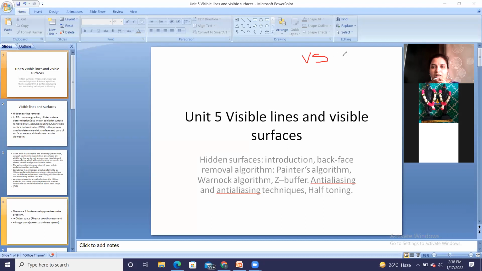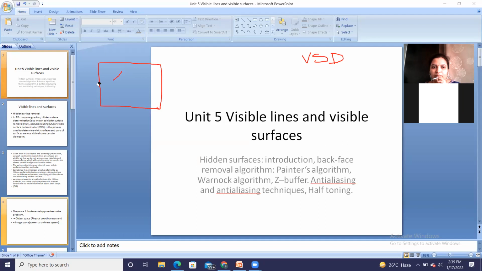Visible surface detection. Okay. The meaning is, if on the screen, this is your screen, and I want to display some objects on it. For example, I want to display a cone. Then I am interested to display one cylinder.